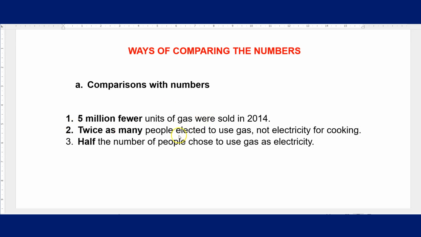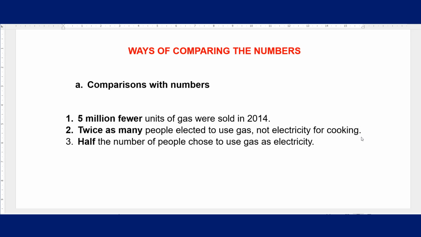Twice as many people elected to use gas, not electricity, for cooking. So if you check the number of people who voted that they use gas and not electricity for cooking, it's just twice as many.